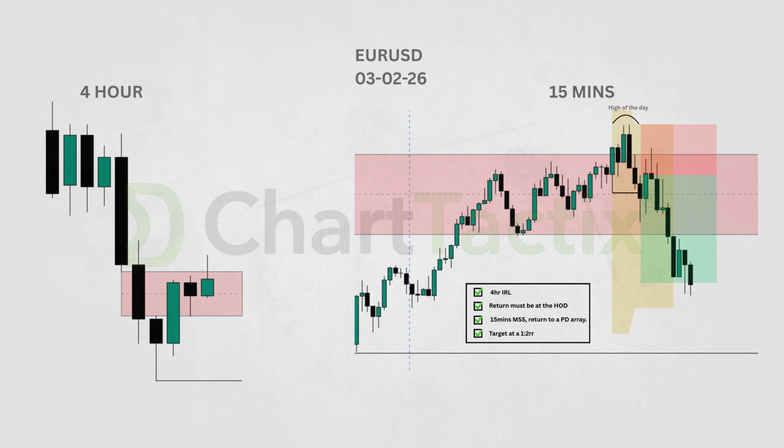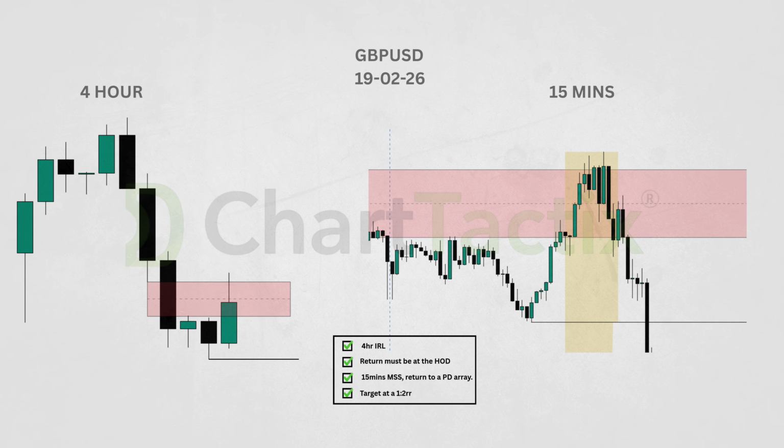Then on the 19th of February 2026, we saw the same sequence. 4-hour internal range liquidity, return at the high of the day, 15-minute market structure shift, return to a PD array, in this case an order block, target a 1-to-2 risk-to-reward ratio. Again, the strategy delivered.